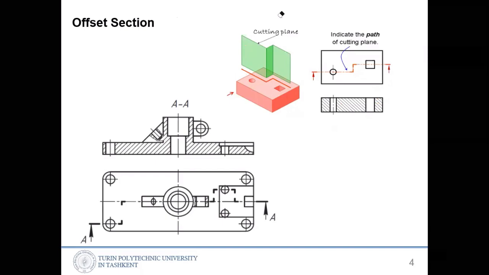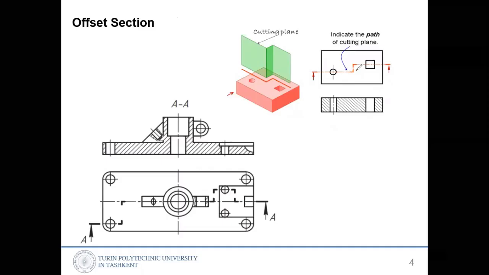Also, in an offset section, or any section line in the drawing, we have this kind of solid line here and a solid line here, and the direction of viewing is given with arrows here.